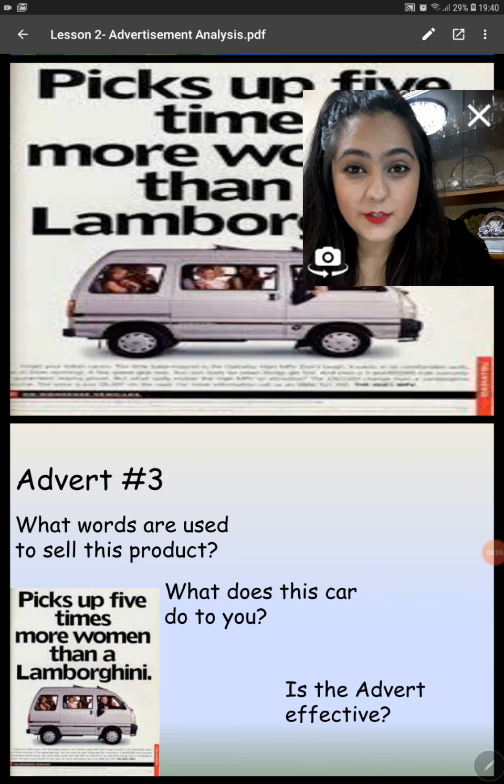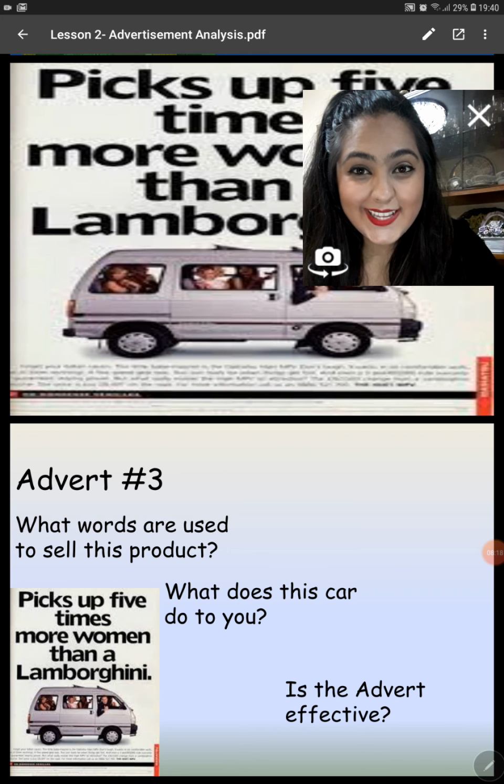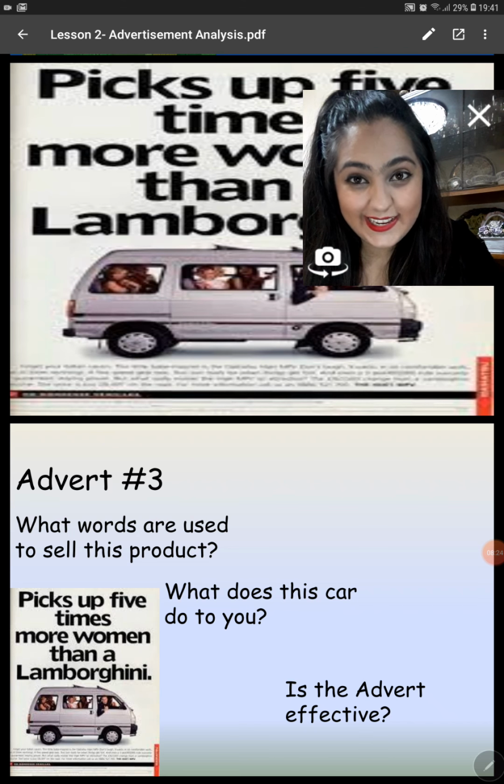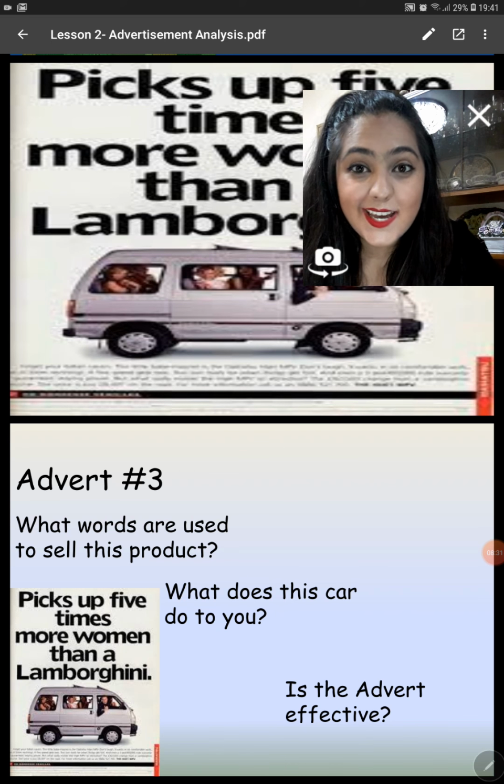Who would want to buy this product if they were to see the advert? 5, 4, 3, 2, 1. I hope you have your answer in your head. The answer would be an adult male would really like to buy this car because he'd like to have a lot of friends coming into his car and be a very popular guy amongst all his friends.